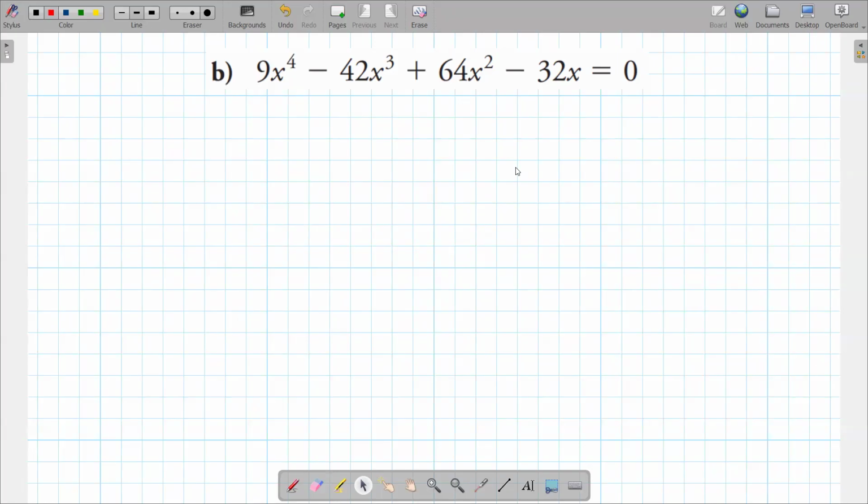How do we graph this? Well, we're going to factor it. If possible, we're going to factor it.